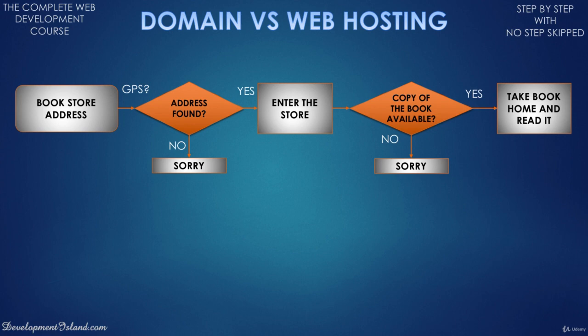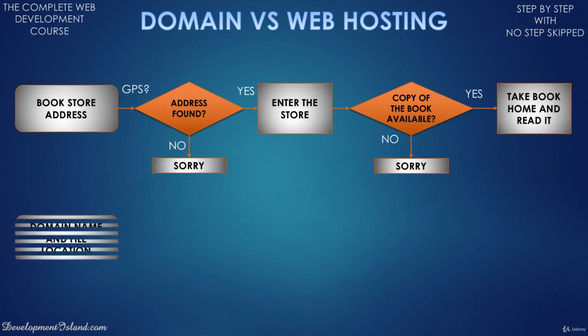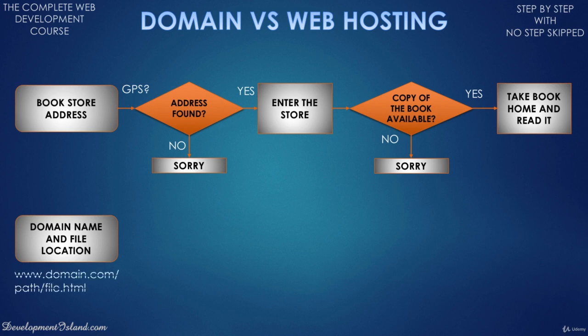So this simple example can be converted to the example of a domain or a URL typed by a user to access a website. The URL has got a domain name and a file location on the server. When you type this, the browser is going to look for the domain name first. Now the domain name is the equivalent of the address of the bookstore.